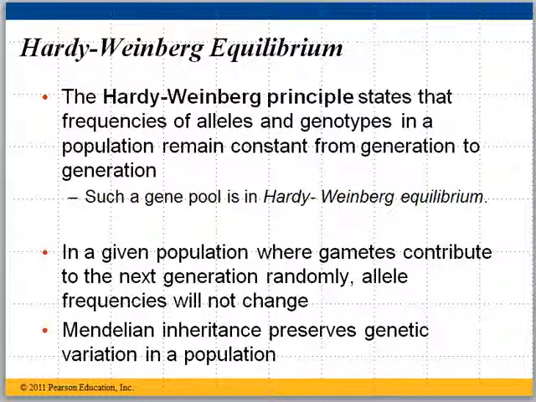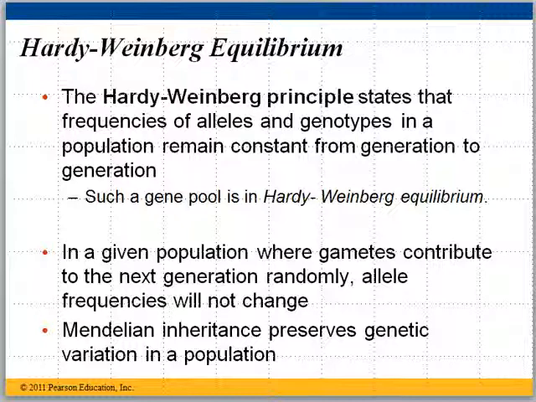Now, you're virtually never going to see this in reality, but remember, this is a tool for us to use. In a given population where gametes contribute to the next generation randomly, allele frequencies will not change. Now, that doesn't mean that genotypes don't change as far as how many homozygous dominants and heterozygous and that type of thing.